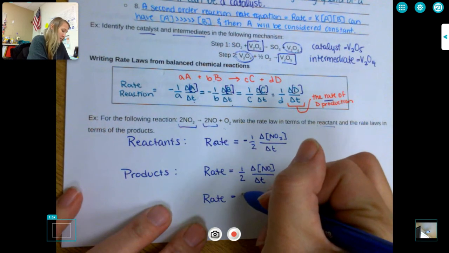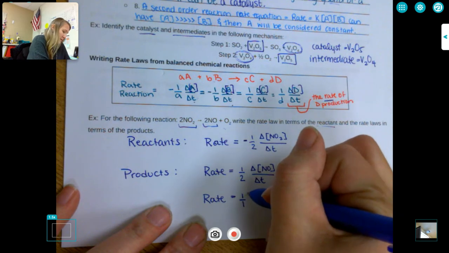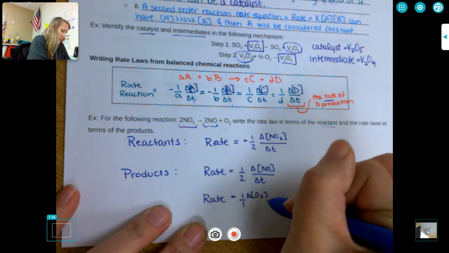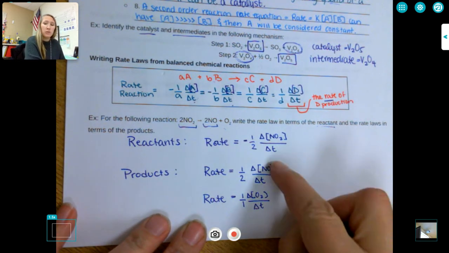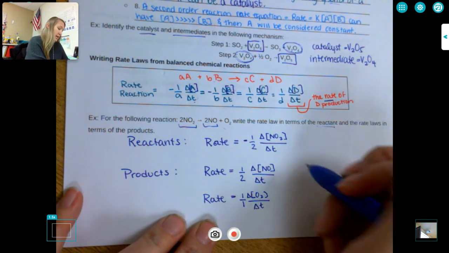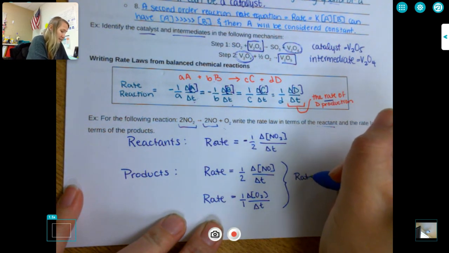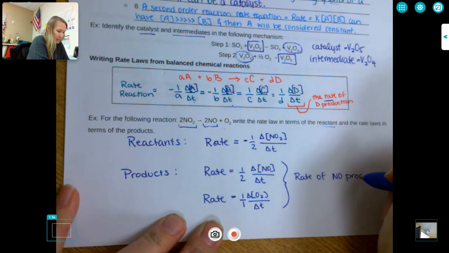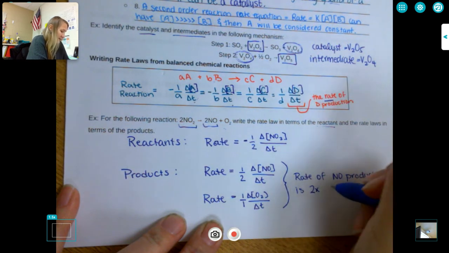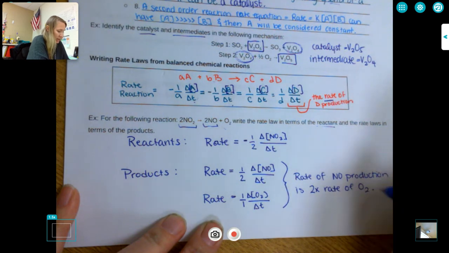That is also positive, say 1 over 1, or just leave it as 1. Change in my rate of O2 over change in time. So if I were looking at my two rates of product production, I would notice that my rate of NO production is twice my rate of oxygen production.